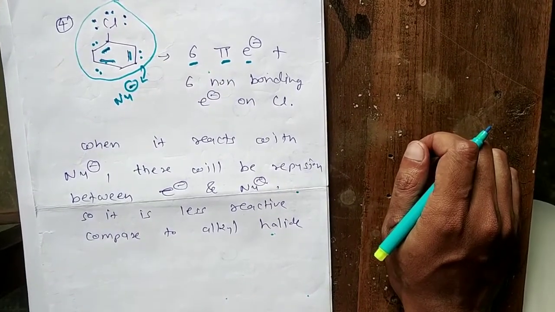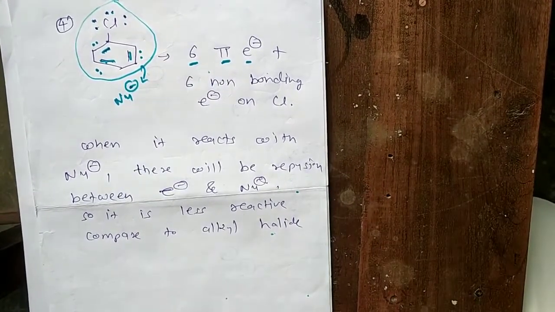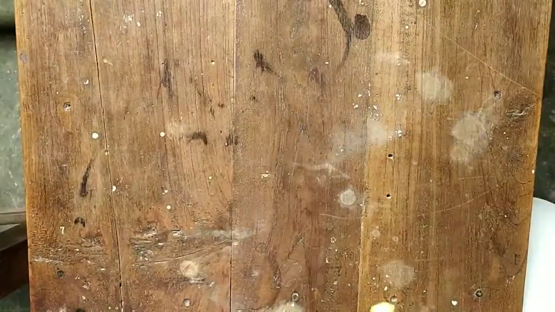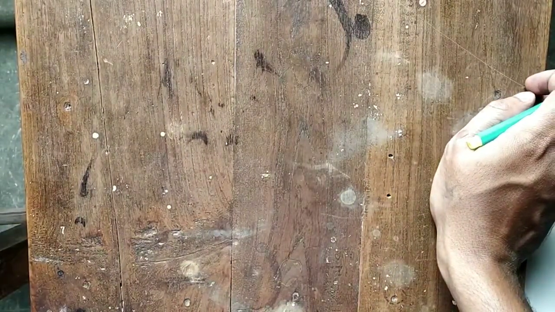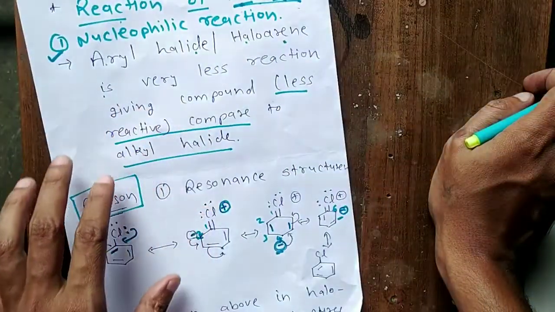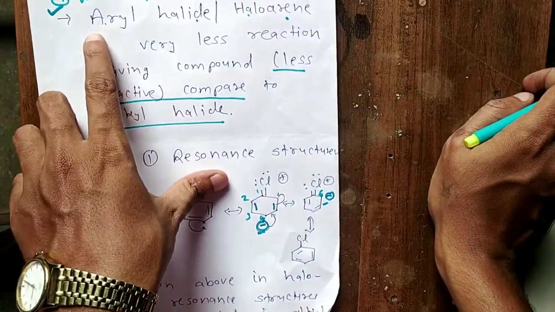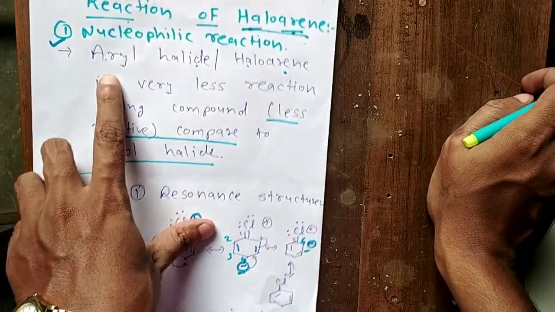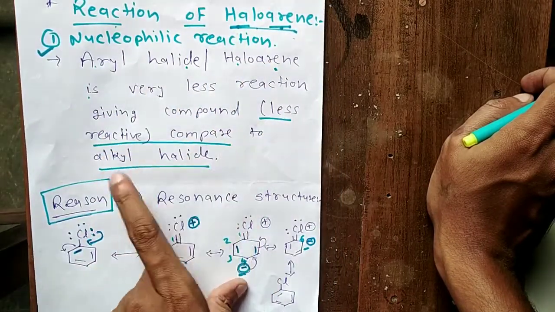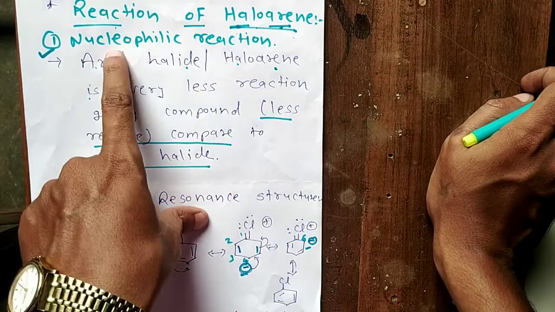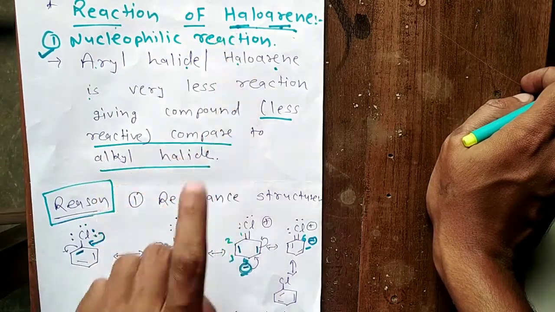So total 4 reasons are there why haloarenes are less reactive in nucleophilic reaction compared to alkyl halide.